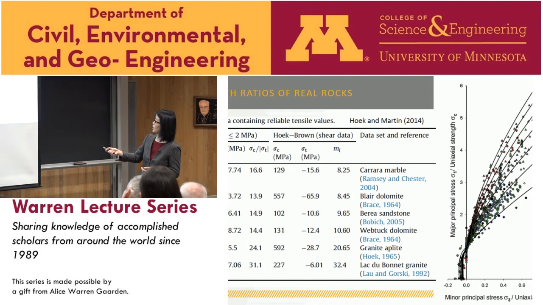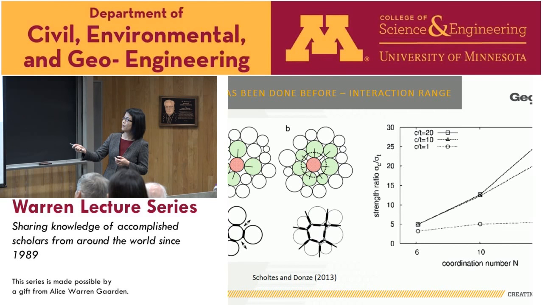But this group of people say, even if they are far apart, we still consider them in contact and therefore assign them contact forces. By doing so, you increase the coordination number. With the increase in the coordination number, the strength ratio could also increase into a range that becomes very realistic.